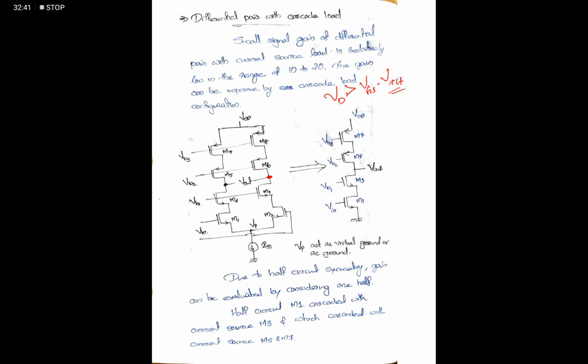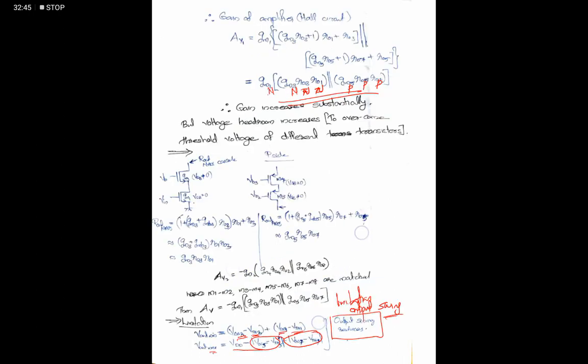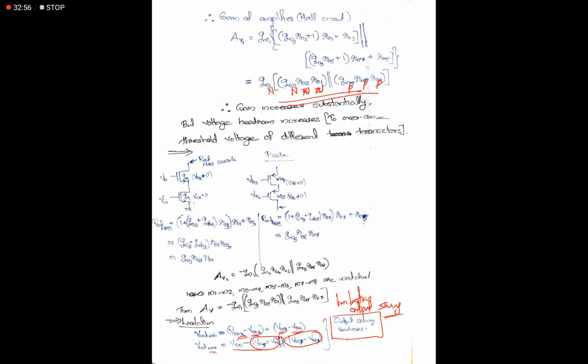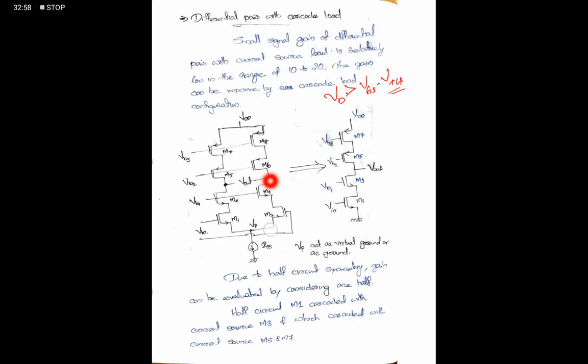So if we consider the lower level of the output, here the lower level is nothing but VGS3 minus VTH3, VGS1 minus VTH1.